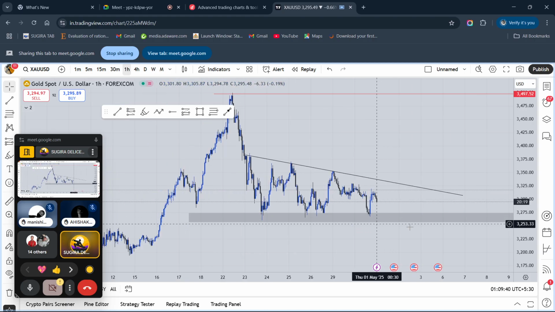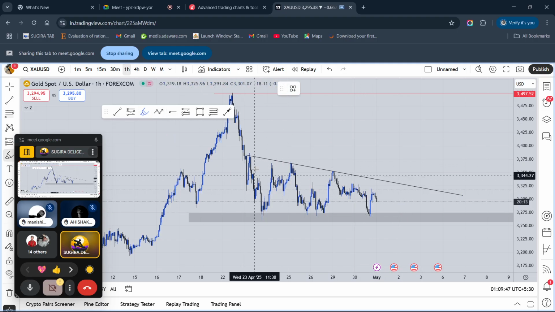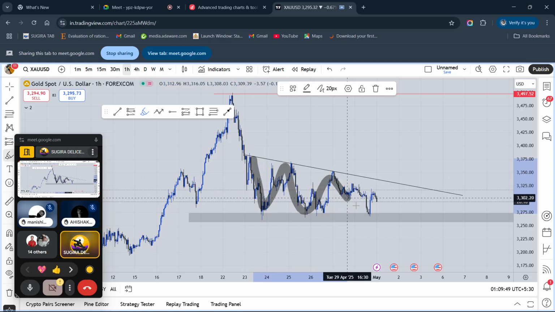I have a horizontal support level and a diagonal resistance level right here. So to me, the market is consolidating in this zone.